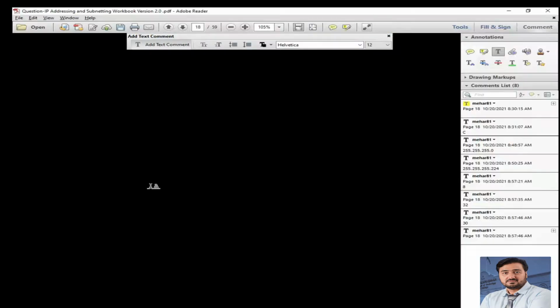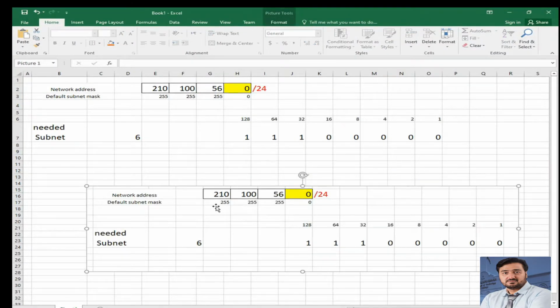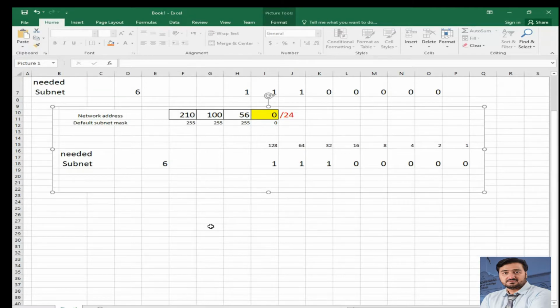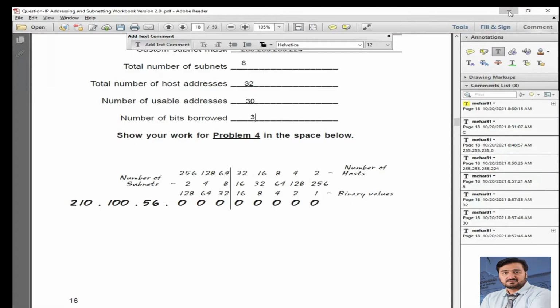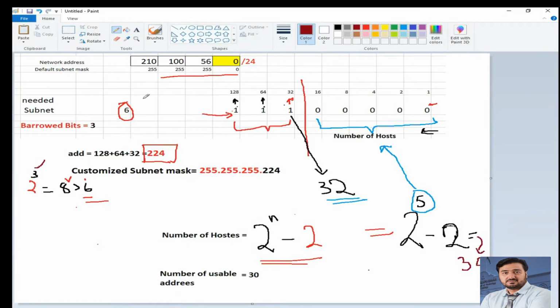Control C. Let me copy this one here. Now I need to find the 6 subnets.